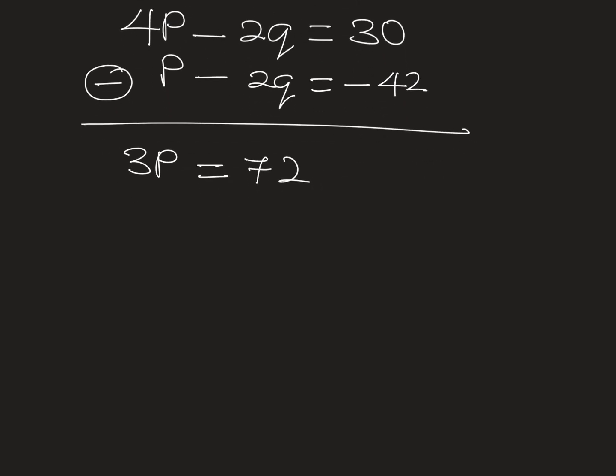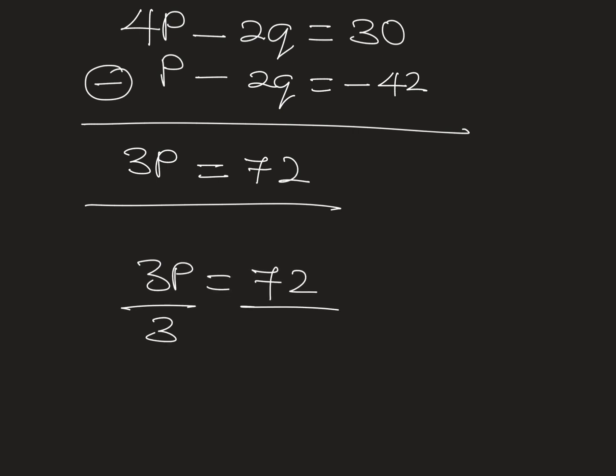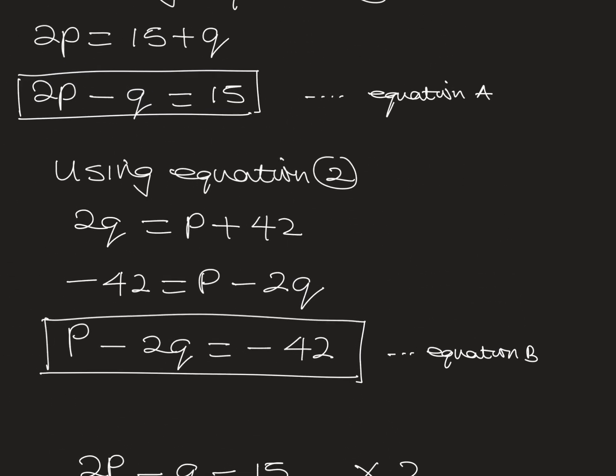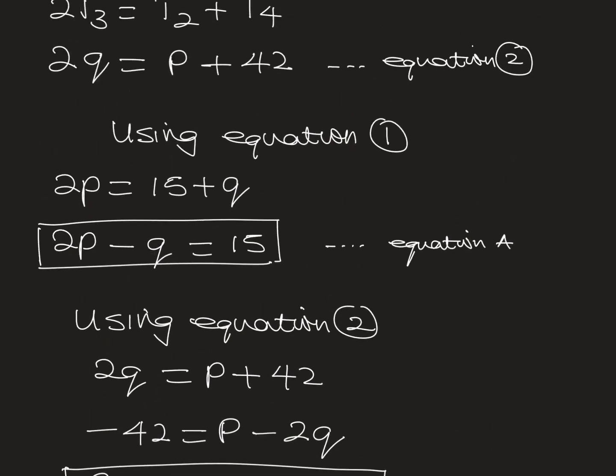Okay, so if I have 3p is equal to 72, to find p I will divide both sides by 3, so p will be equal to 72 divided by 3, which is 24. So p is 24. So what do I have to do to find q? I can use any equation to find q.